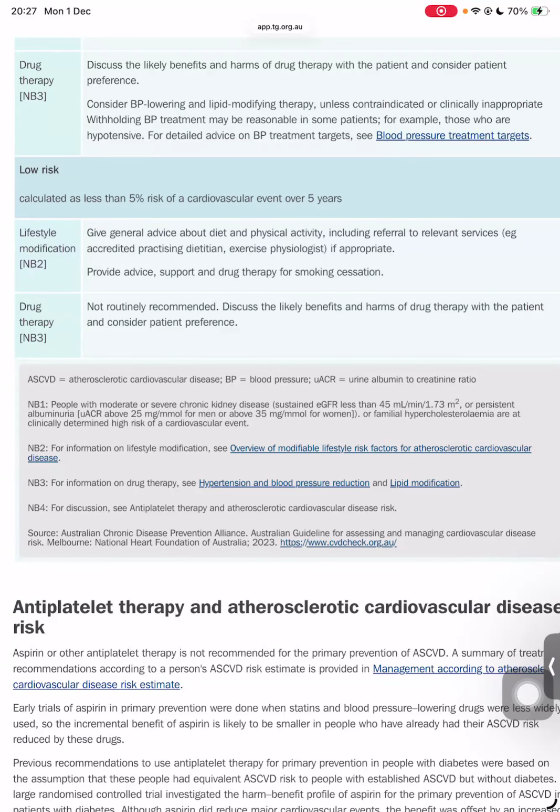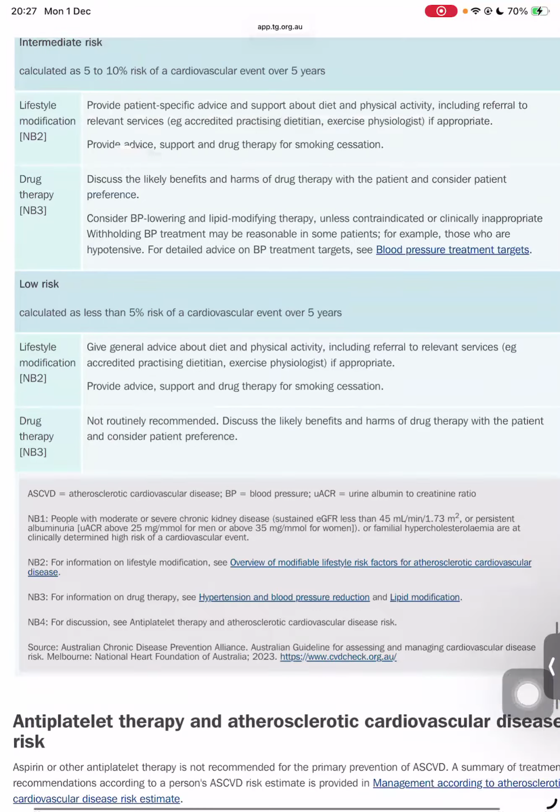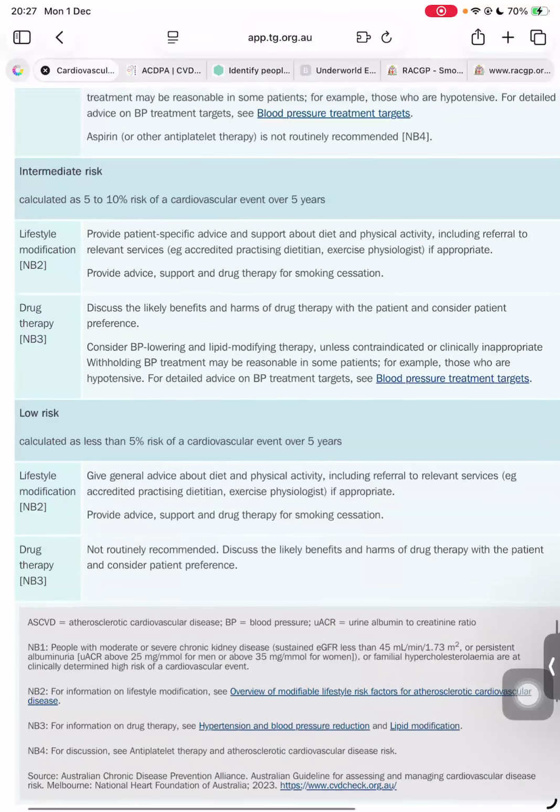Discuss likely benefits and harms of drug therapy with the patient and consider patient preference. So, intermediate risk, what can we do? Now the TG is sometimes very hard to use. Sorry for that. Here, intermediate risk is calculated as a 5 to 10% risk of a cardiovascular event over 5 years.